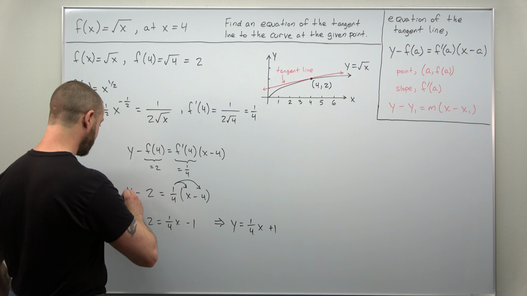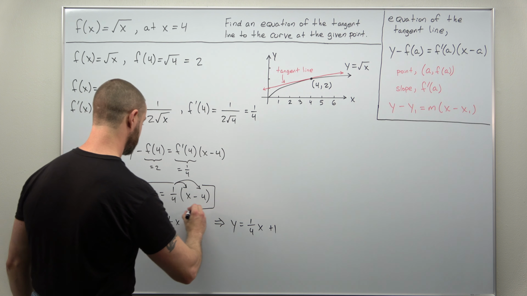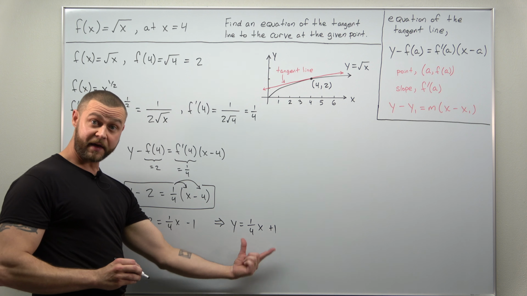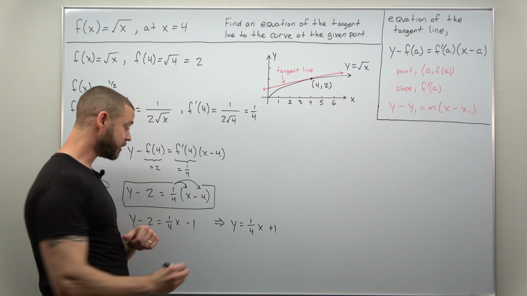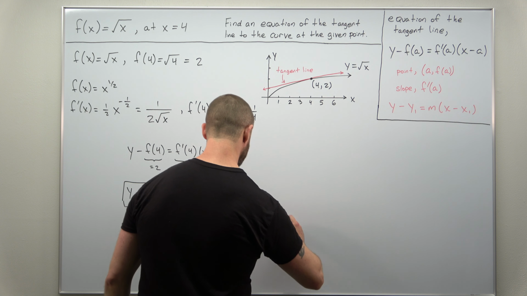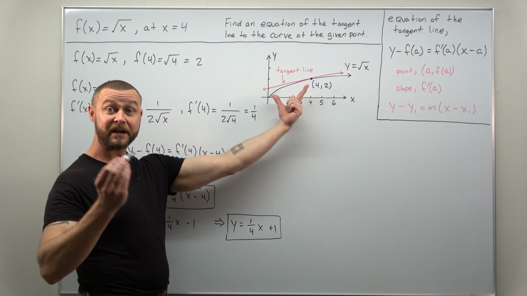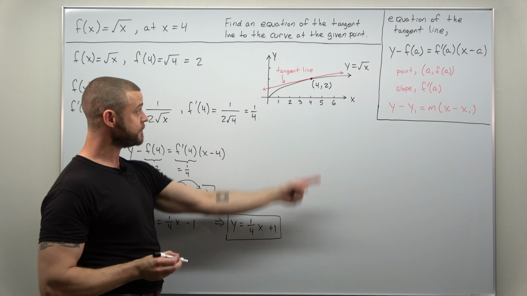Now, both of these are equally correct. You might not be expected to go from here to there if you're asked this in your Calculus 1 course. But this should make it a lot easier to identify that it seems to match what we have graphically.